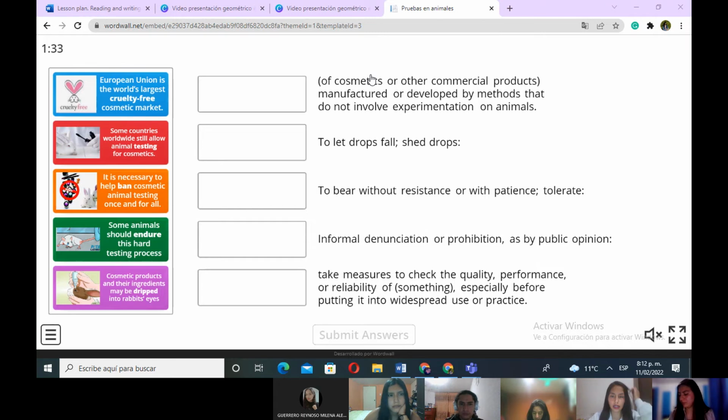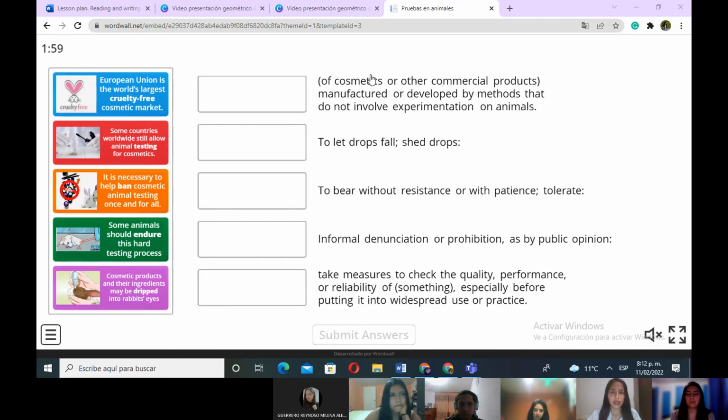You can notice that each sentence has one word or words in bold. According to the bold words, you are going to match the sentence with the meaning. So here we have the sentence with the bold word, and you're going to match it with the corresponding meaning.